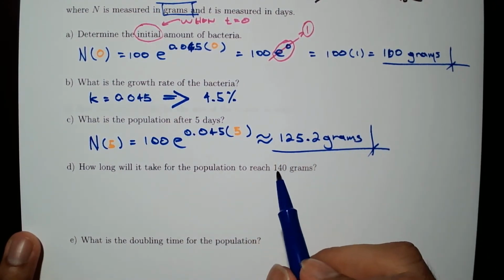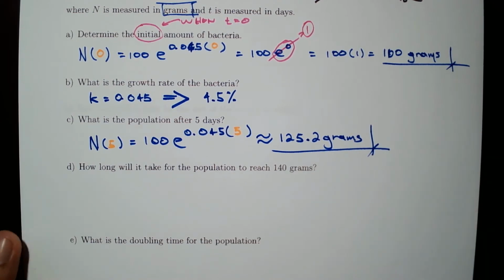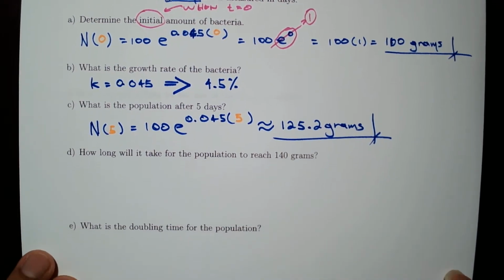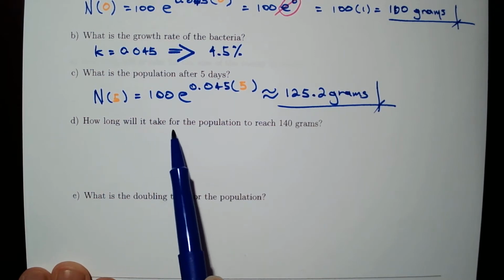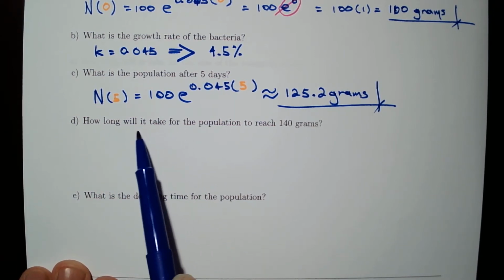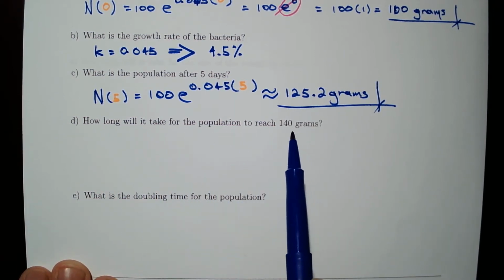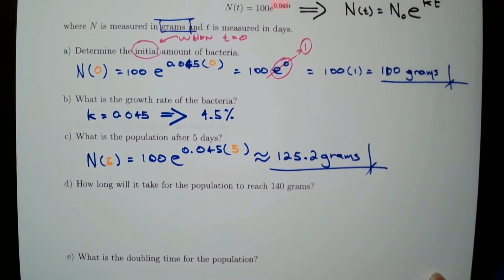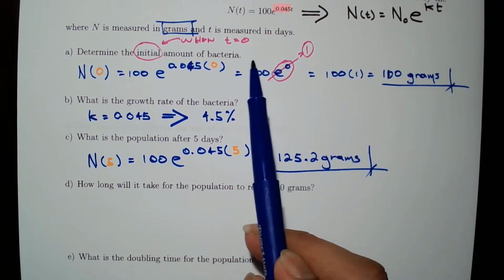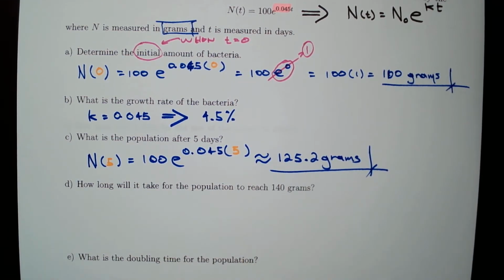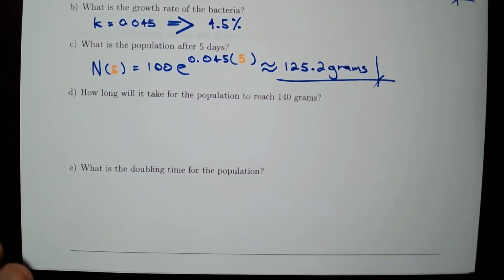Depending on the number of decimal places you are asked for in your homework, that's what we get. Now the question is, how long will it take for the population to reach 140 grams? Notice I got a larger number than the initial, because in this case it's growth. The population is getting bigger every time.